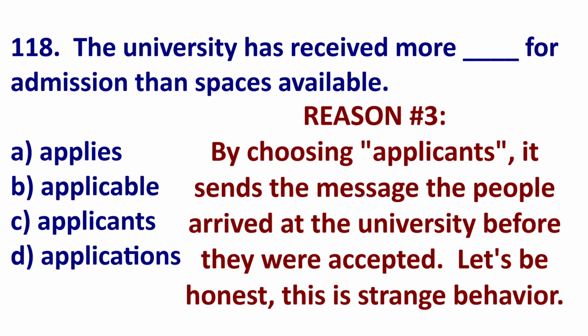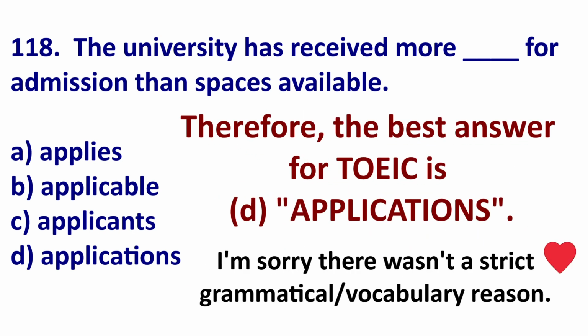Number three, if the university received the applicants, it is firstly strange because we don't usually receive people, but it also sounds like the applicants had already arrived at the school. It's strange that they are at school without knowing if they have been accepted or not. So the best answer is D, applications.